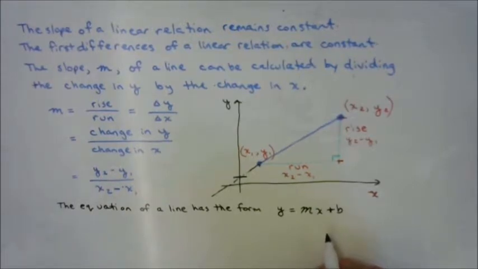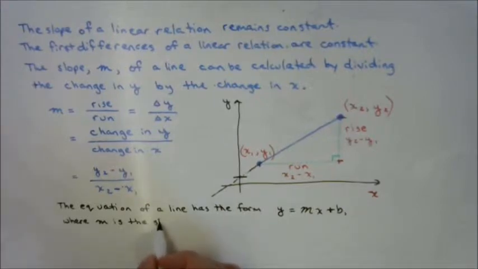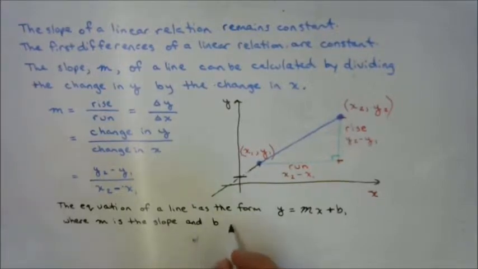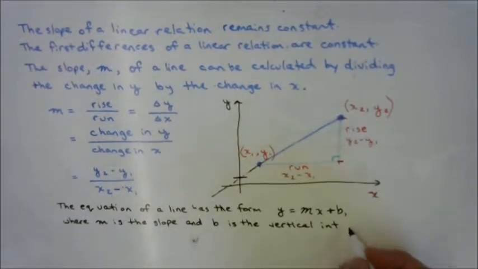The equation of a line has the form y equals mx plus b, where m is the slope, and b is the vertical intercept.